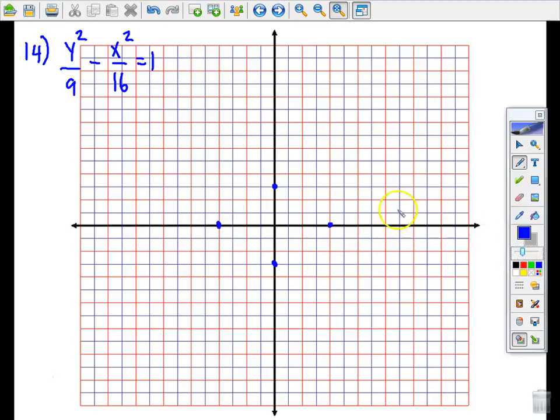Okay, but now it changes because for hyperbolas, these 4 dots will be used to form what is called the interior, or your book uses the term central rectangle.